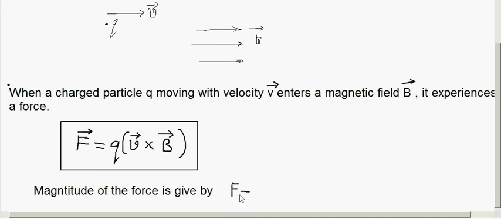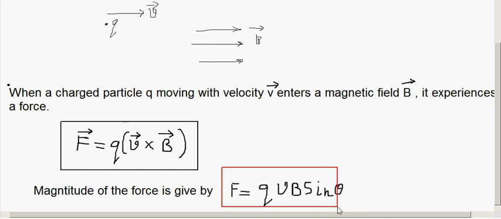So when a charged particle q moving with velocity v enters a magnetic field B, the magnitude of this force is given by qvB sin theta.